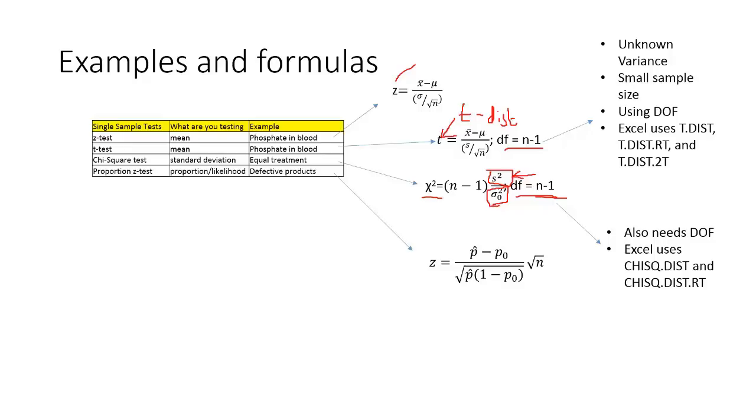So the degrees of freedom help you define the exact distribution and its parameters, and its mean, variance, and so on. And that's also the same as before. It's n minus 1, so number of data points minus 1.